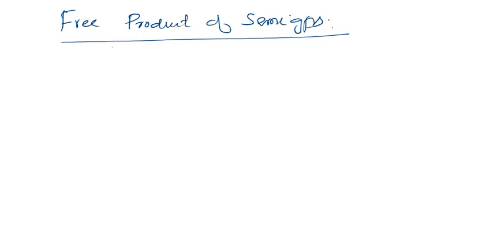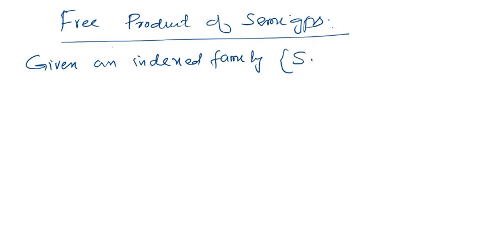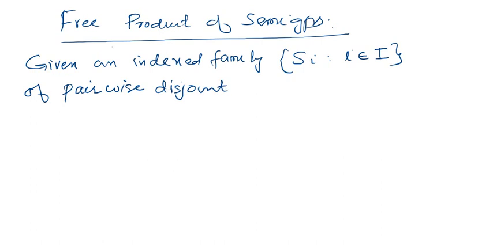So given an indexed family of pairwise disjoint semigroups, this family Si, i in the index set I. Given this indexed family of pairwise disjoint semigroups, we try to form a semigroup F, which we call the free product of the family.